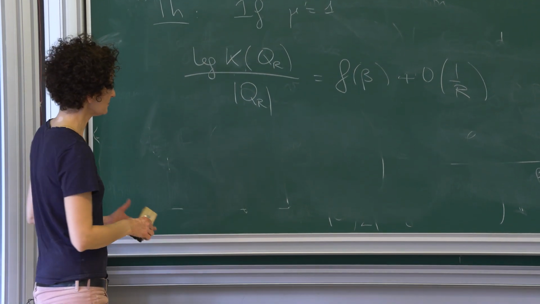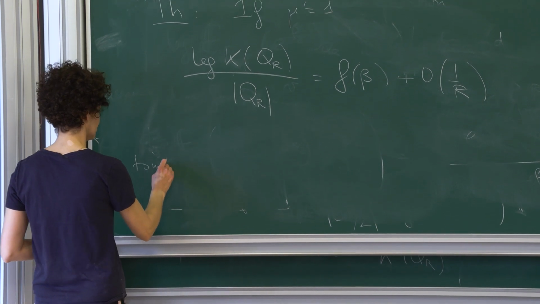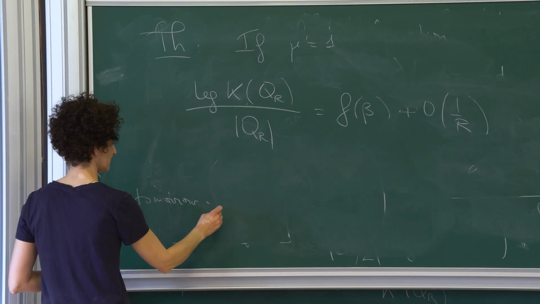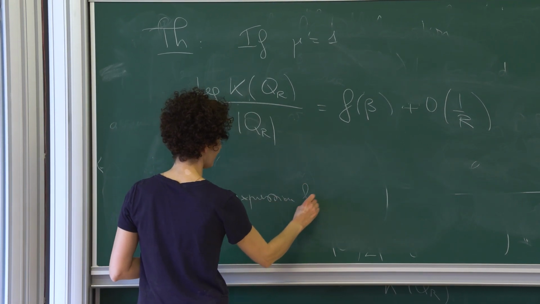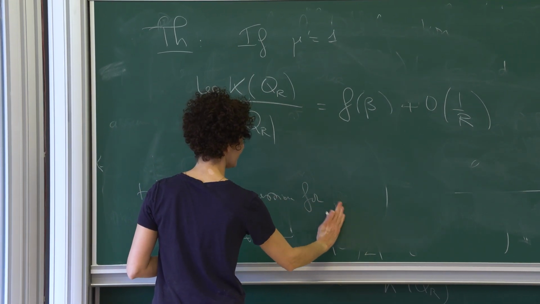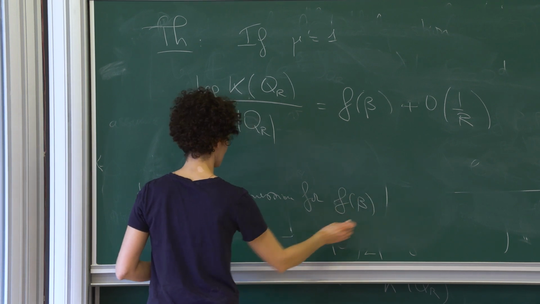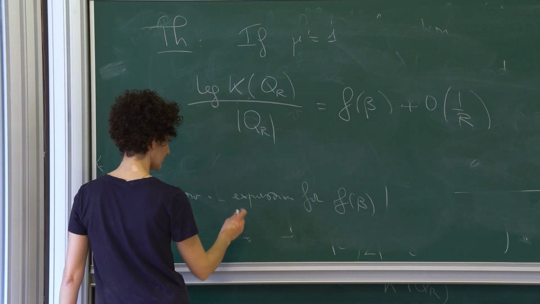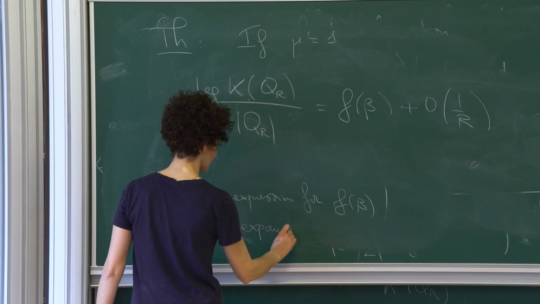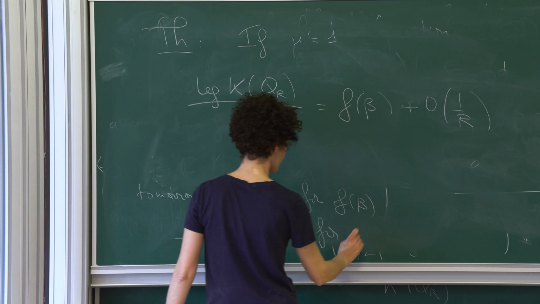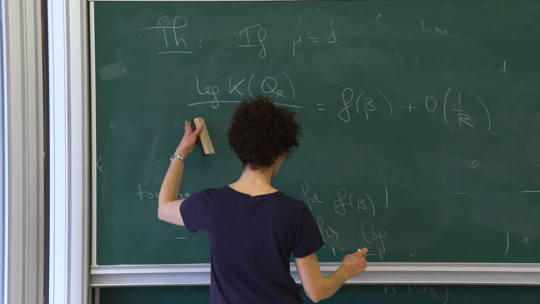But okay, so tomorrow we'll get an expression or variational formula for f of beta from the separately, and then we will deduce an expansion for log Z for the original problem, because this is a sort of side problem.